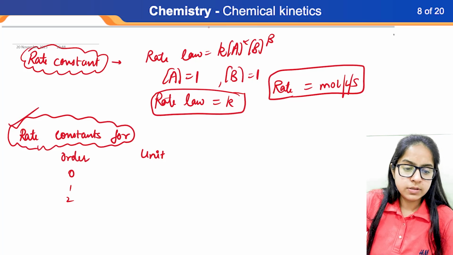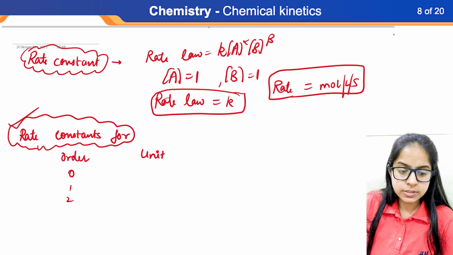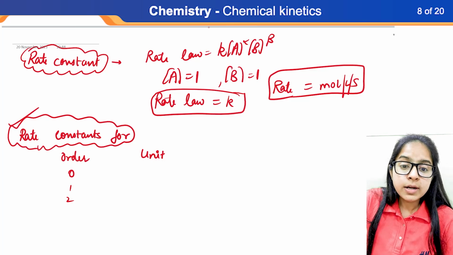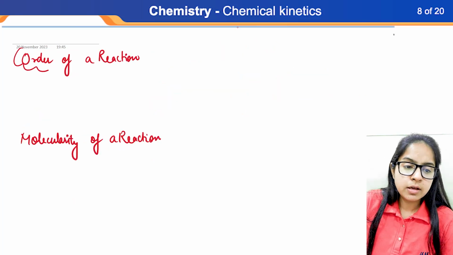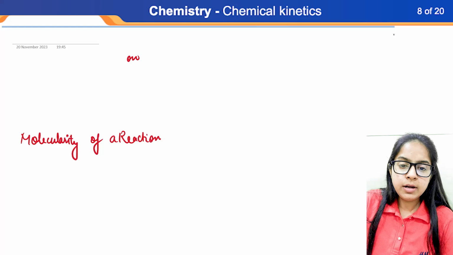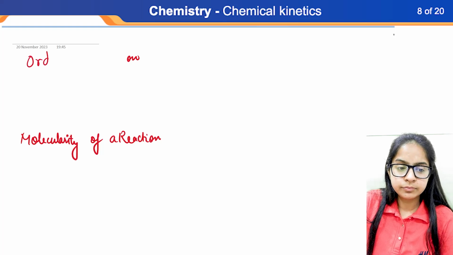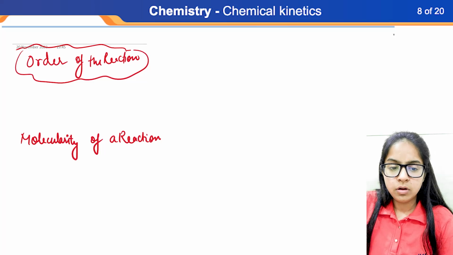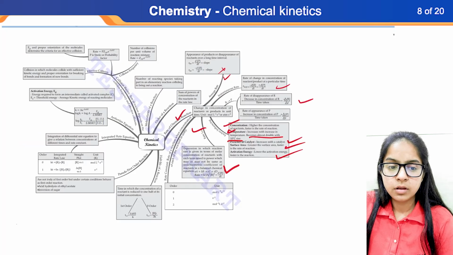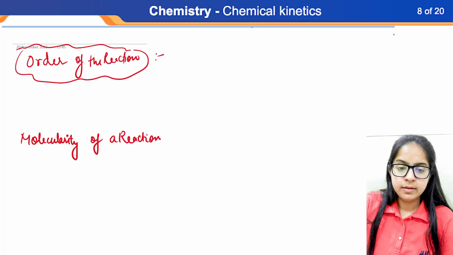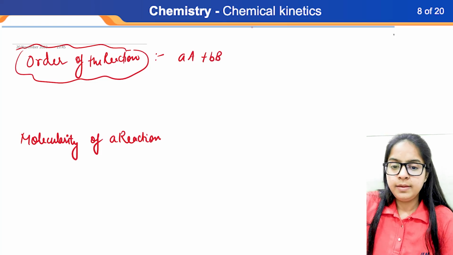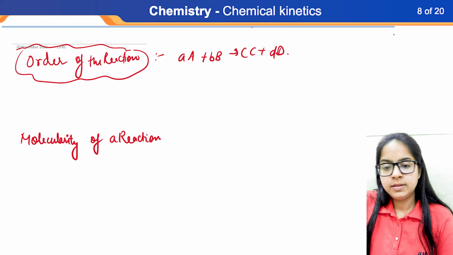Now, what is the rate constant for the zero order, the first order, and the second order? We don't know what the orders are, so we need to know what is the order of a reaction. Suppose we have aA + bB gives cC + dD.